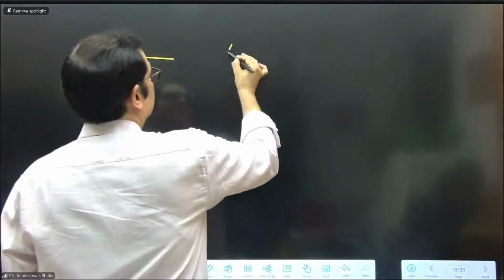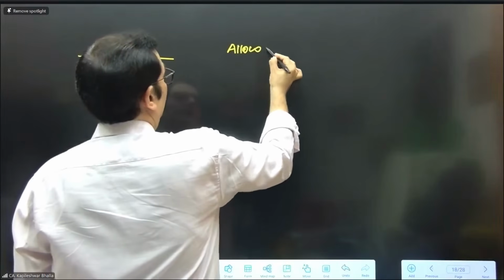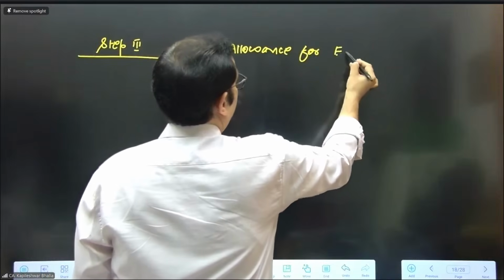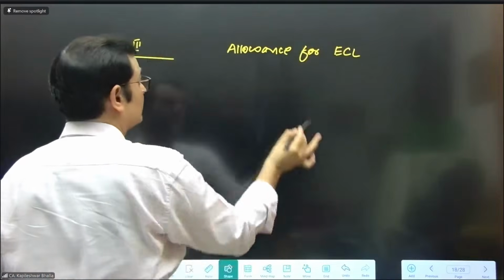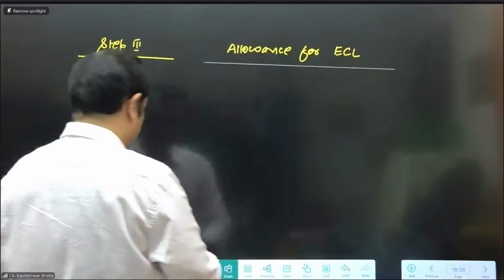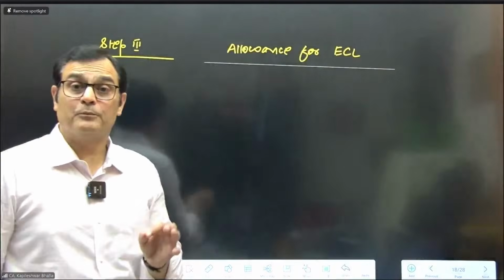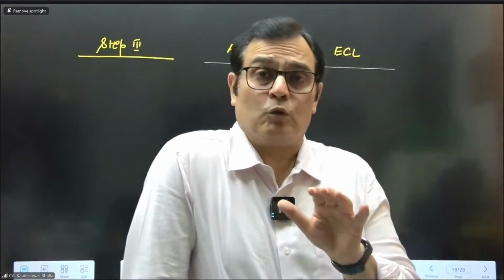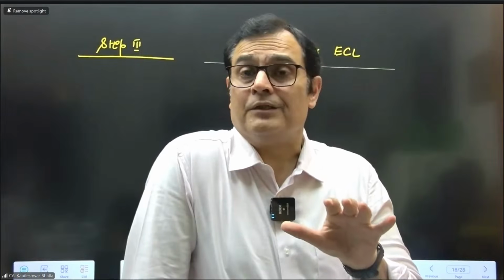Then comes step number 3, the crucial and the main step, in which it is time to make an allowance for ECL, that is, expected credit loss. We need to make a provision for the expected credit loss, which has a total of 4 parameters.